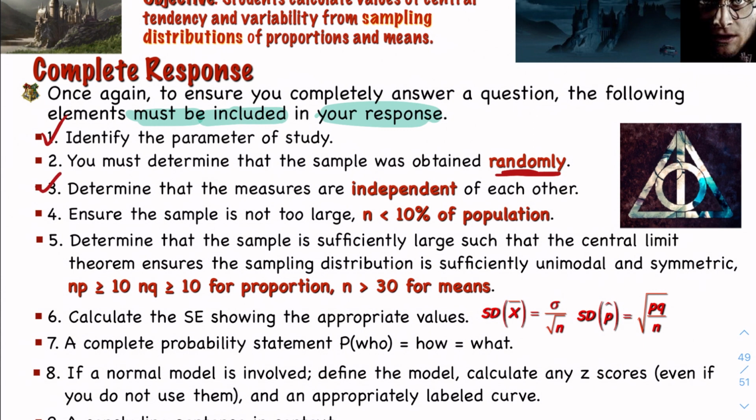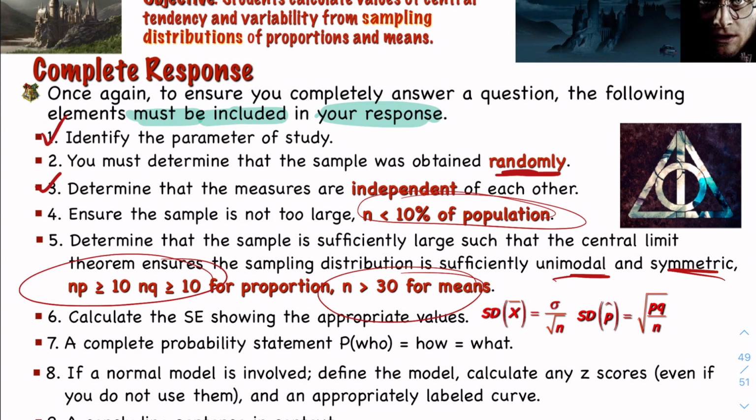Ensure that the sample is not too large, so that is our less than 10% of the population condition. Determine that the sample is sufficiently large that the central limit theorem ensures the sampling distribution is sufficiently unimodal and symmetric. If it's categorical, that's np and nq greater than or equal to 10, or n greater than 30, oftentimes is what we use for means, unless the distribution is known to be symmetric and unimodal.